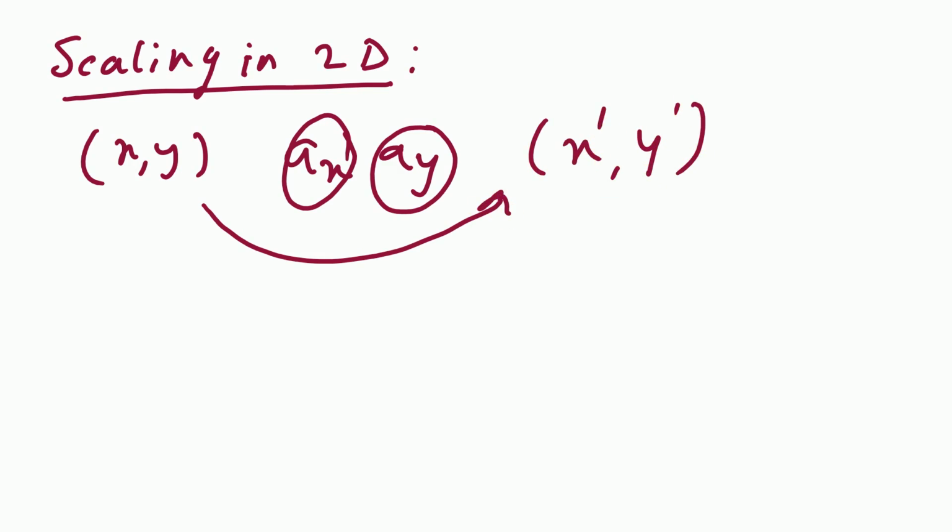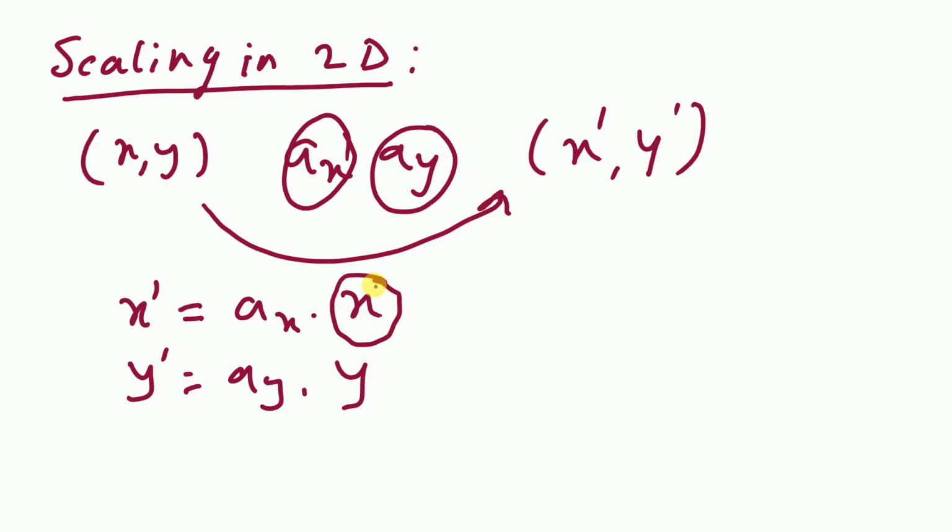Therefore, we write the equations as x dash is equal to ax into x and y dash is equal to ay into y. So the original x is multiplied by the scaling parameter ax to get the new point x dash, and the original y is multiplied by the scaling parameter ay to change it to the new coordinate y dash. So x and y are converted into x dash and y dash.